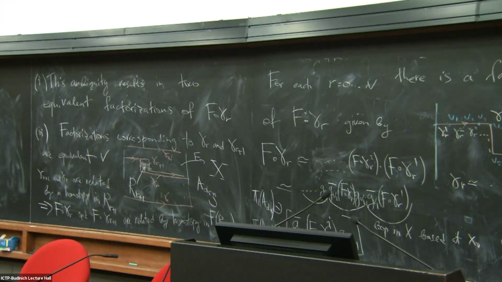This can be done by making the following observation. We have coordinates S and T in our square, where S is a parameter for the path and T is a homotopy parameter.